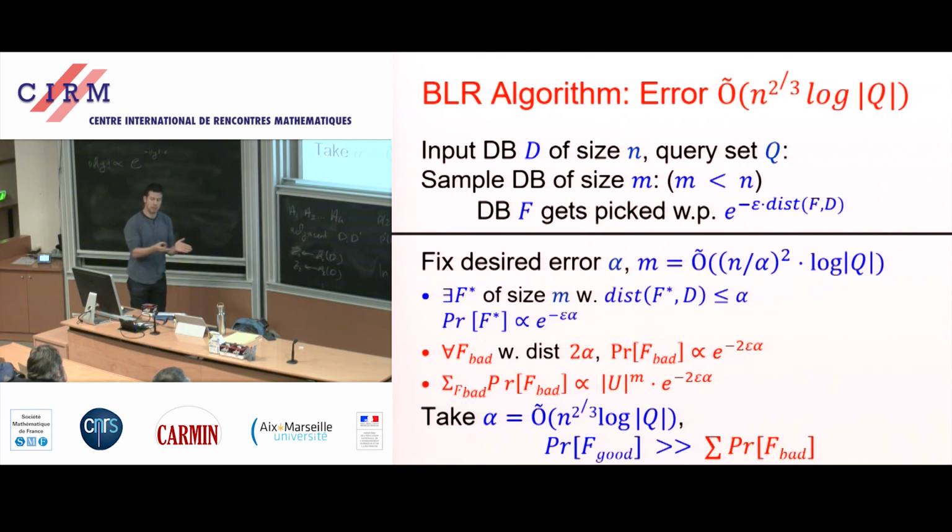It's not a subsample. And now I look at each of the queries, and I see how different the answer according to F is from the answer according to the original database. And I normalize these answers, I scale them. Normalize, it's multiplied by the ratio of n and m. Yes. And then I look at the query on which they're farthest apart, and that's the distance.